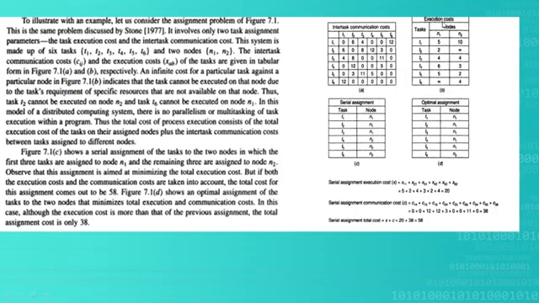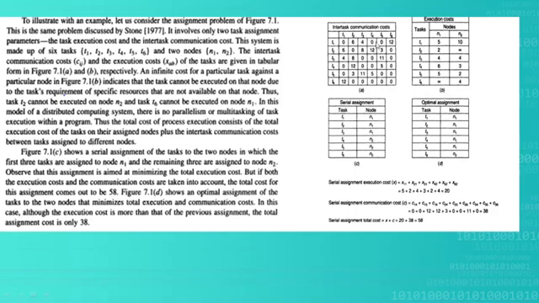We assume that there are 2 nodes in the system, N1 and N2. The inter-task communication costs are denoted with Cij, and all the execution costs will be denoted with XAB. We will see this.